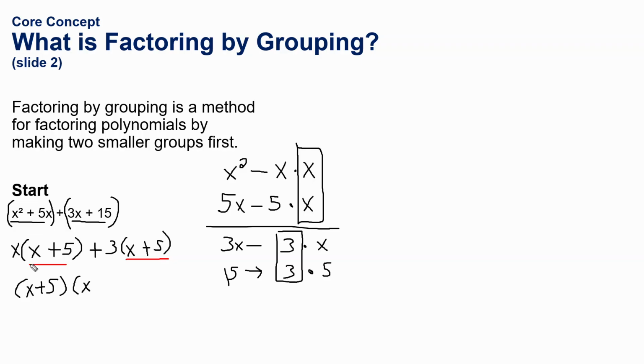So the x plus 3 goes on the inside of the parentheses. Okay, and this is our answer: x plus 5 times x plus 3. The big idea here is after grouping, the parentheses should match. x plus 5 is our matching item here.